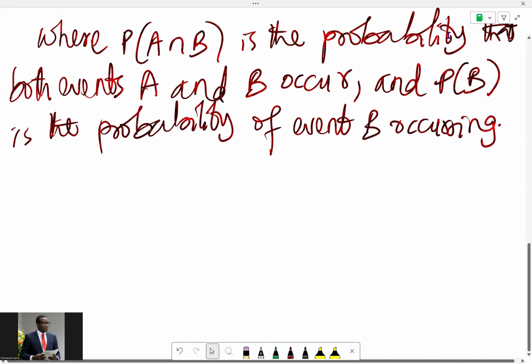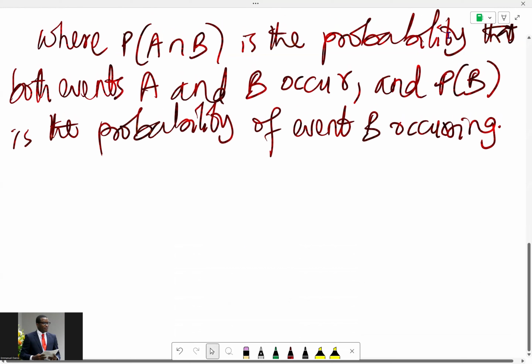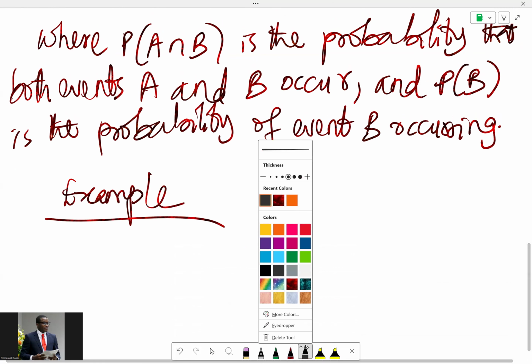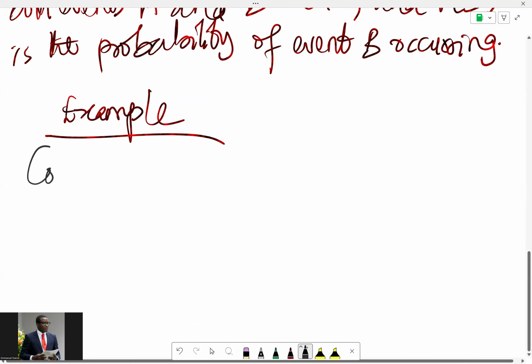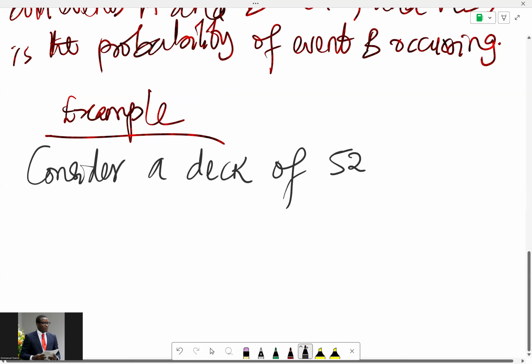That said, let's see an example. Okay, I guess I'm going to switch colors at this point. Consider a deck of 52 playing cards.